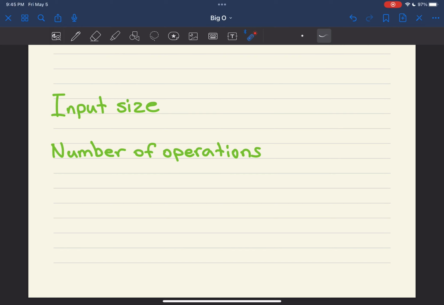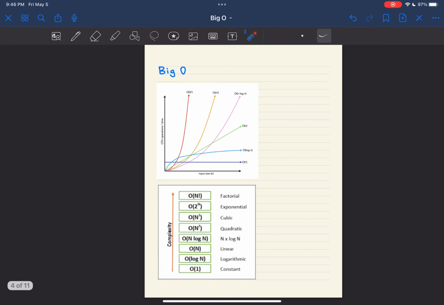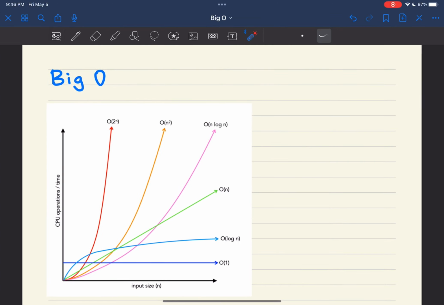It is important to know the input size and the number of operations when calculating big O and analyzing an algorithm. In this graph, we have big O values that are used to measure time and space complexity.